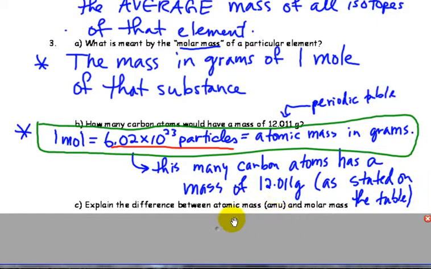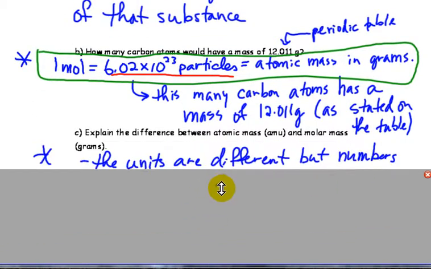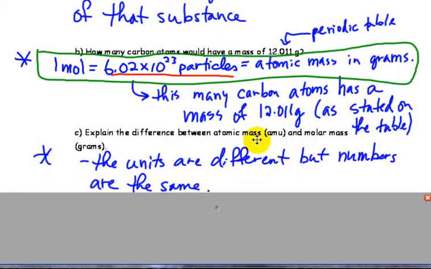So this many carbon atoms would have a mass of 12.011 grams, as stated on the periodic table. So that's the neat thing about the mole. If you take the mole of anything, that number that you see in the periodic table represents the mass of it.